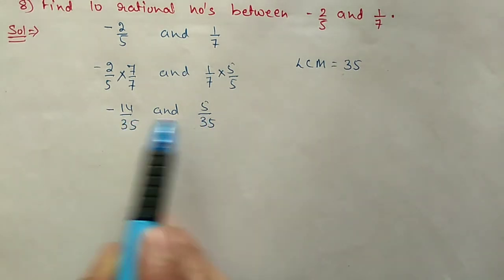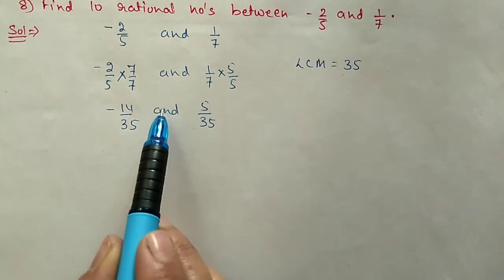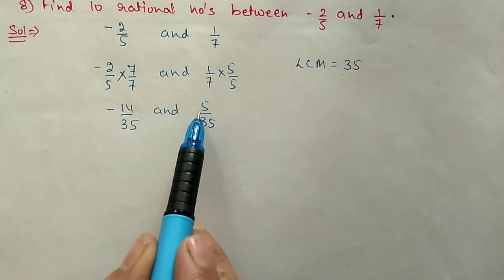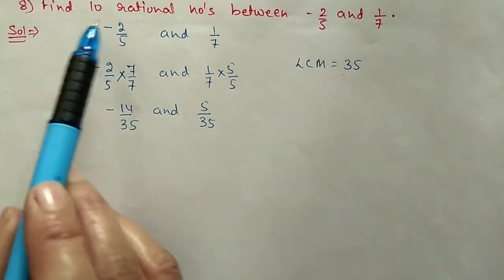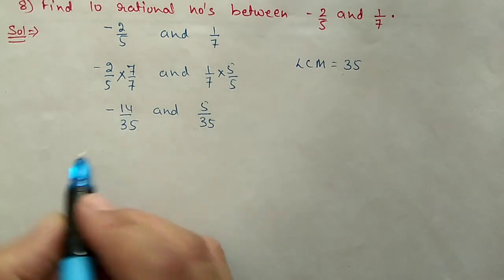So between minus 14 and 5 we have minus 13, minus 12, minus 11, minus 10, minus 9. So many rational numbers are there, and we have to insert here 10 rational numbers. So any 10 numbers we can write here.